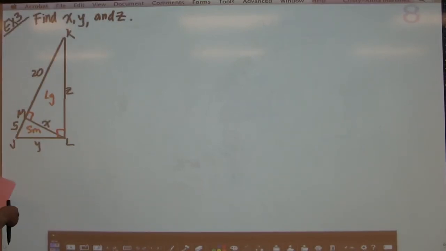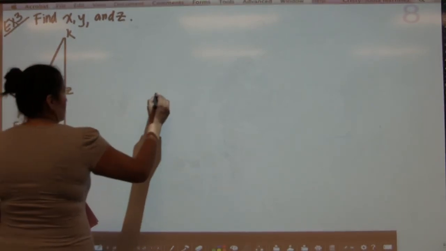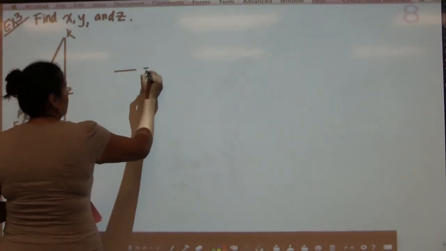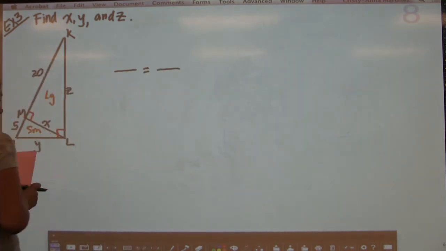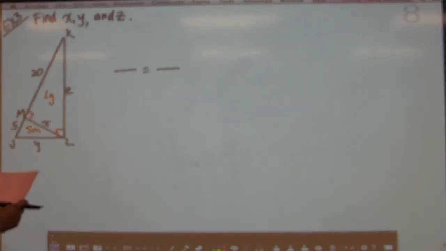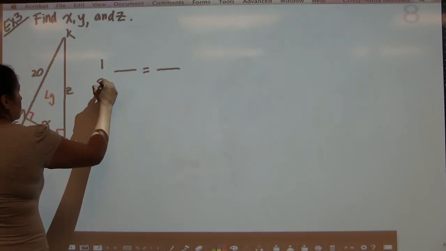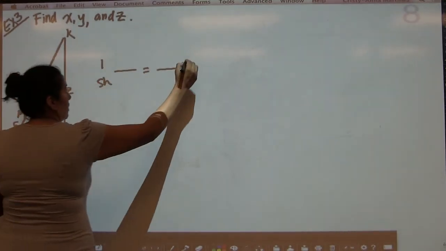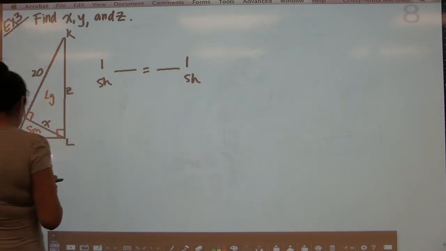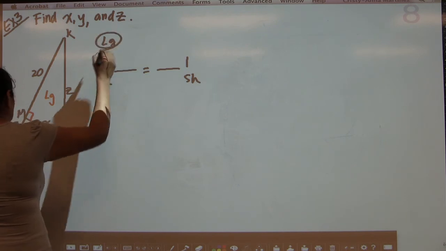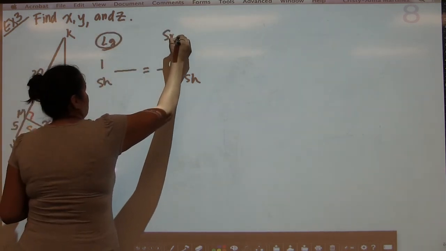So we want the long to short. According to your notes, if you have them from the previous slide, you want to go from long leg to short leg. Long leg to short leg. And you want to compare the large triangle to the small triangle.